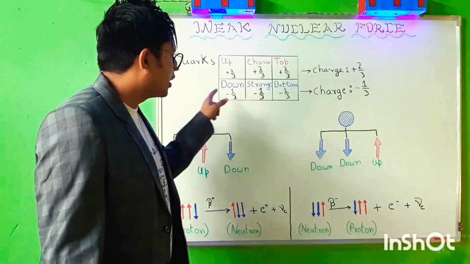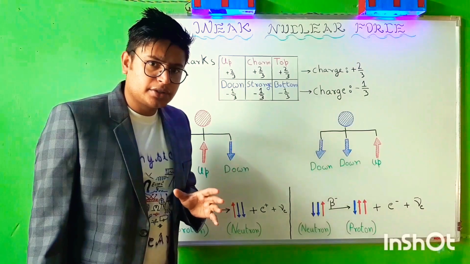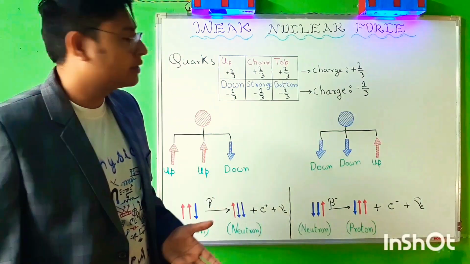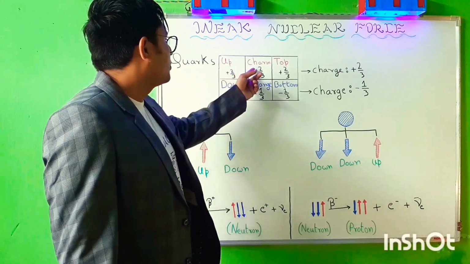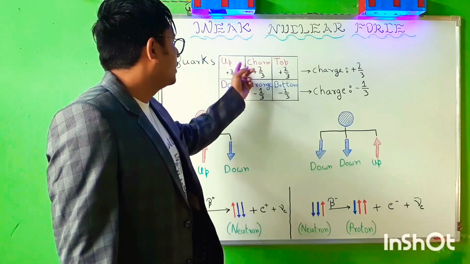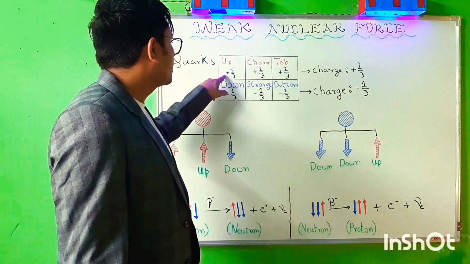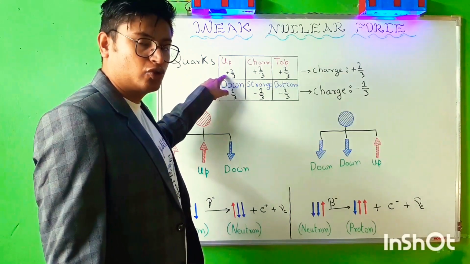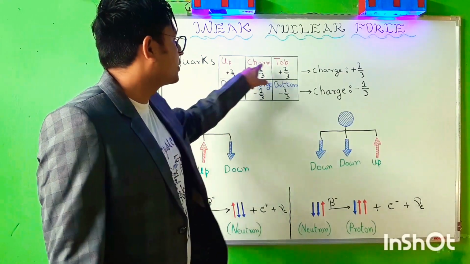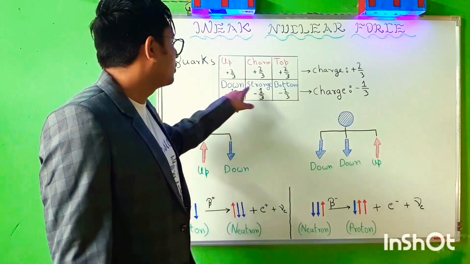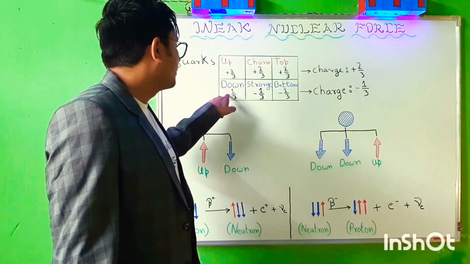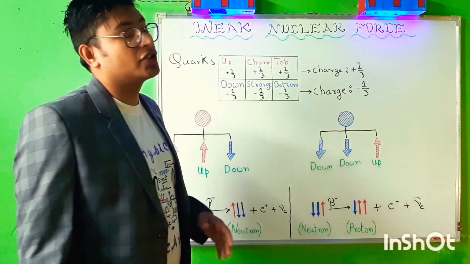All these 6 quarks have some charges and have some masses. In the table, the top row, the up quark is positively charged, plus 2 by 3, and the lower one is minus 1 by 3, that is negatively charged.